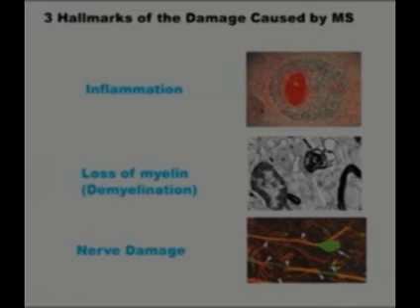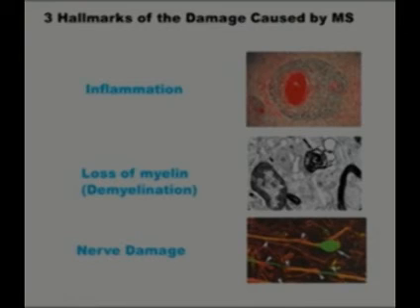However, over here is an area where a nerve fiber has actually been cut in half, or transected, by the inflammation, and when that happens, it swells at the tip. This is what we call a bulb, and it's a damaged axon.